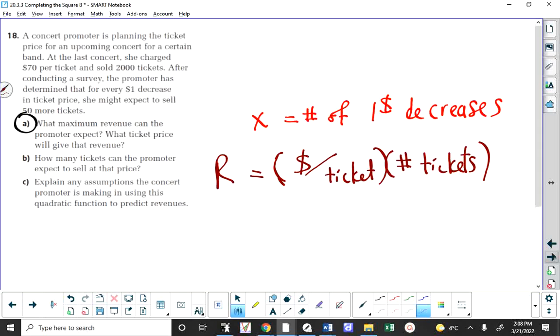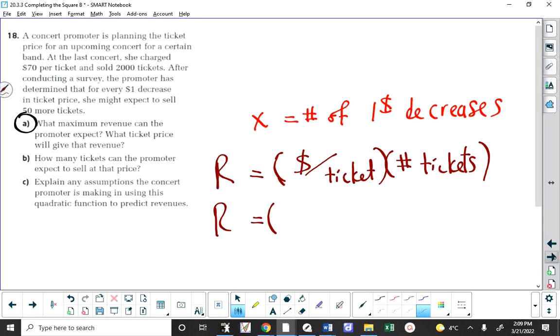Well, they were charging $70, and this is maybe one of the trickiest things, not to figure out what we put here, but to understand something at a deeper level. The revenue is a revenue for all situations. This isn't the revenue at $70. It isn't the revenue at $69 or $68 or $67. It's the revenue for any ticket price.